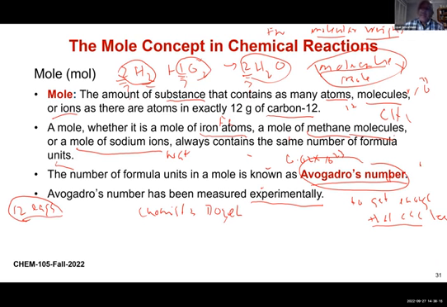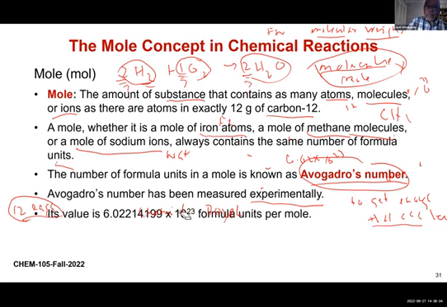A mole is obtained by taking the formula weight in grams, which contains 1 mole of that formula mass. The value tells how many units of atoms or molecules or ions are in 1 mole of that material.